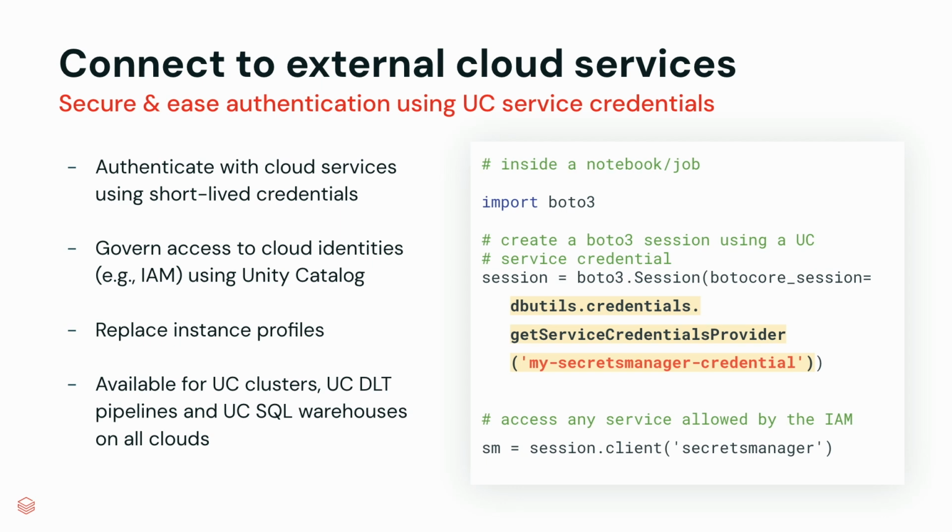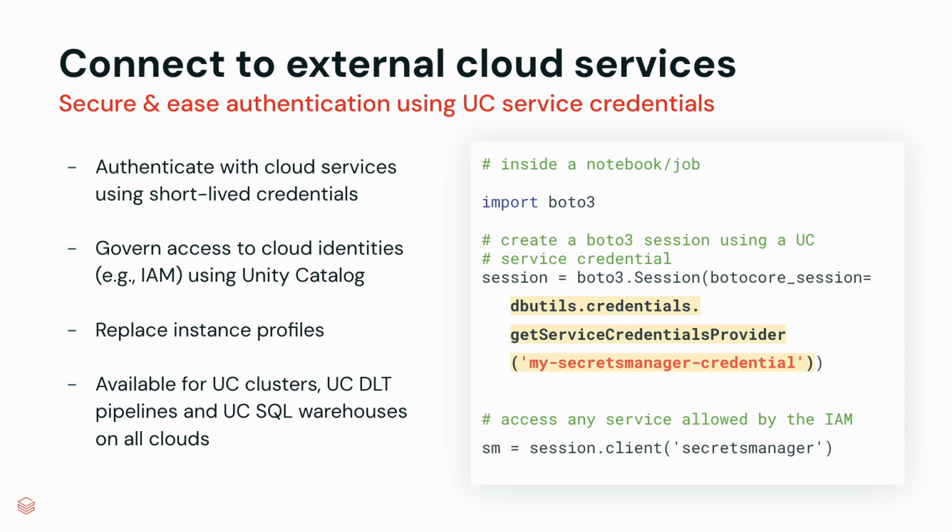UC service credentials allow you to authenticate with cloud services using the same mechanism for short-lived credentials as we have with instance profiles. Plus, you can govern the access to those service credentials using Unity Catalog. If you look at the code, this is just normal Boto3 AWS cloud SDK code, and you provide a name for the service credentials.